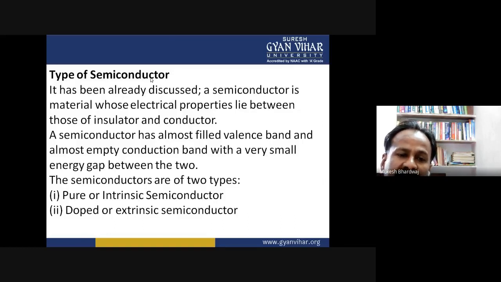The semiconductors are of two types: pure or intrinsic, and second, doped or extrinsic or impure. And this extrinsic or doped semiconductor is further classified into two more categories: one is p-type semiconductor and second is n-type semiconductor.